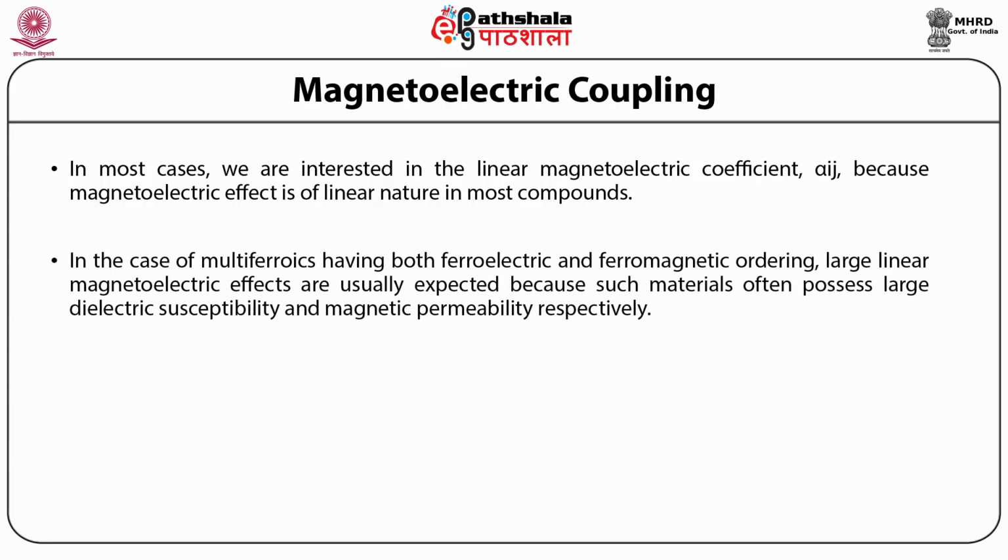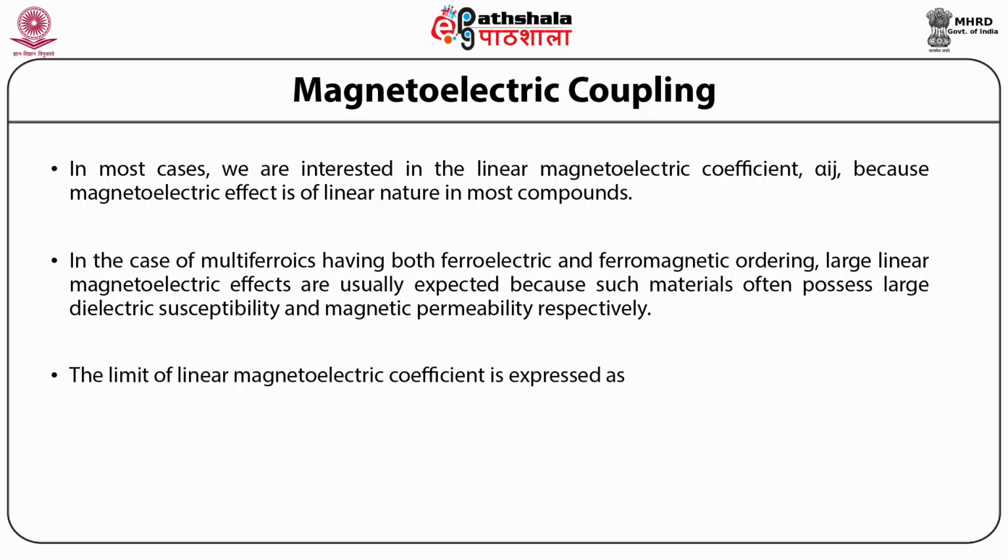In the case of multiferroics, having both ferroelectric and ferromagnetic ordering, large linear magnetoelectric effects are usually expected because such materials often possess large dielectric susceptibility and magnetic permeability respectively.